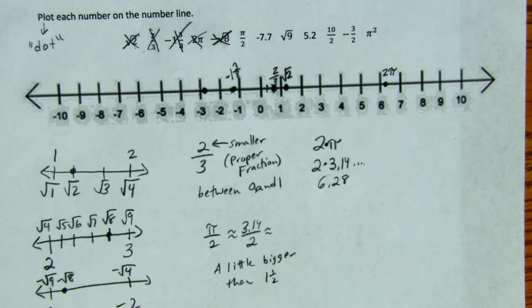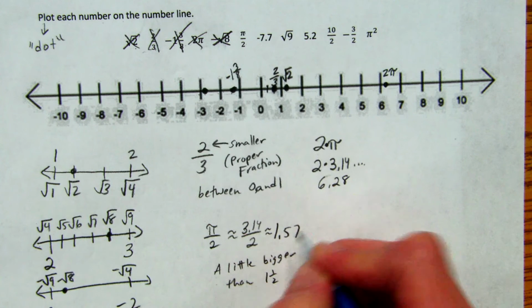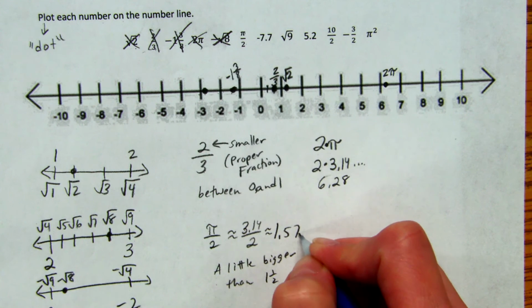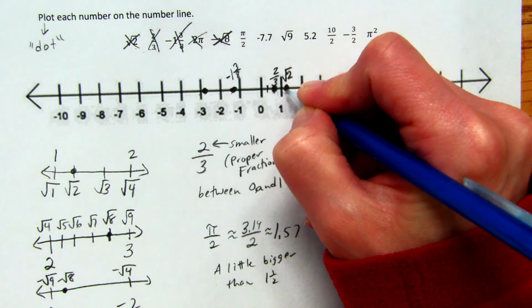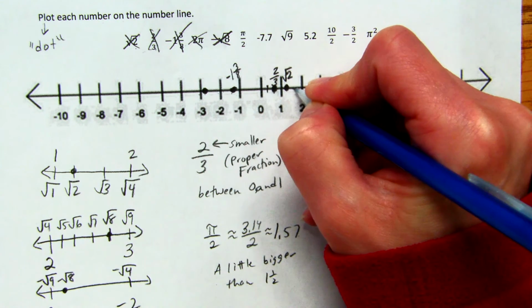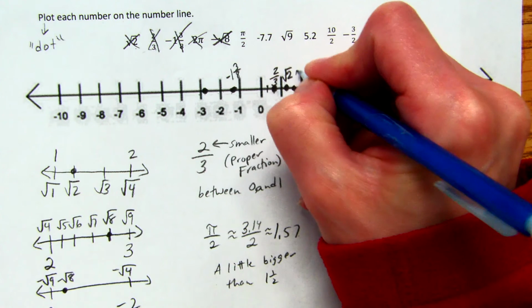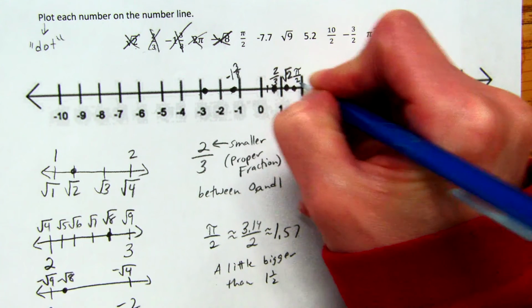I'm going to do that really quick. So we get 1.57. So about 1.57. So a little bigger than 1.5. So here's 1. There's 2. 1.5's here. Just a little bit past that. That would be pi over 2 right there.